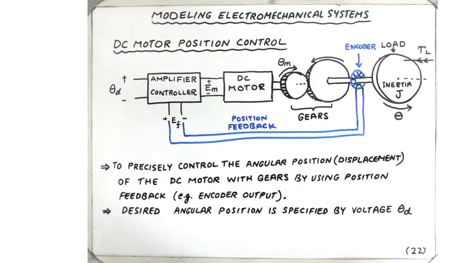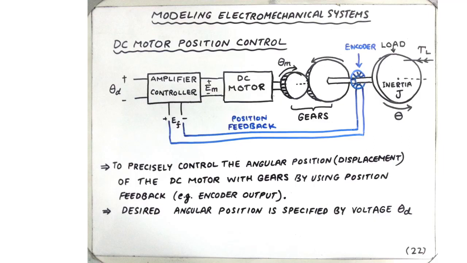Our last example is that of a DC motor position control system. Such a system finds a lot of application in mechatronics engineering, particularly in the field of robotics, where we want our robot joints to obtain respective angular displacement at any given time.